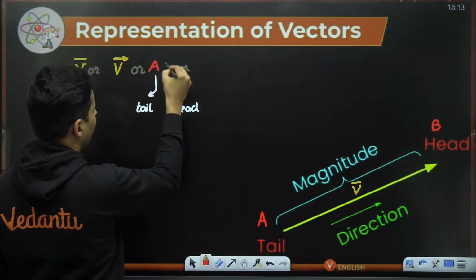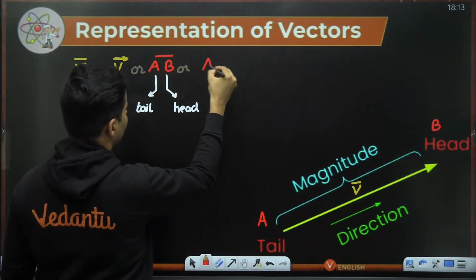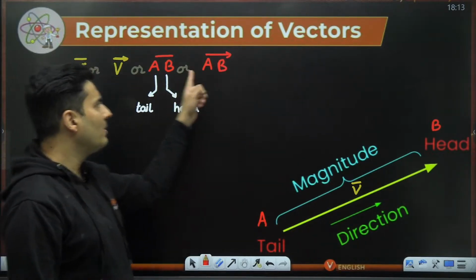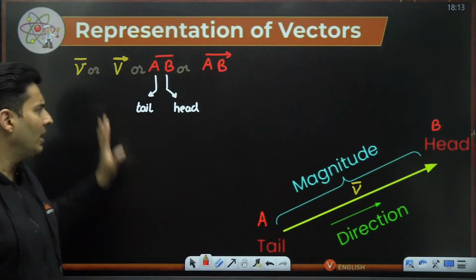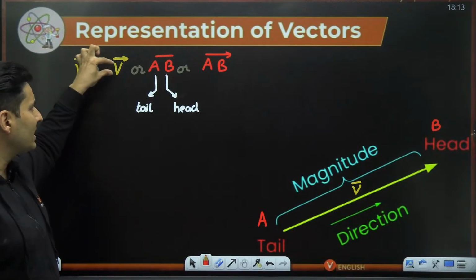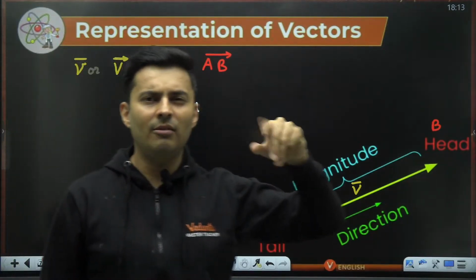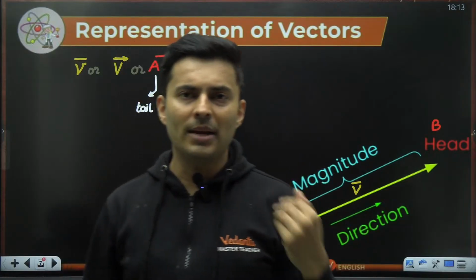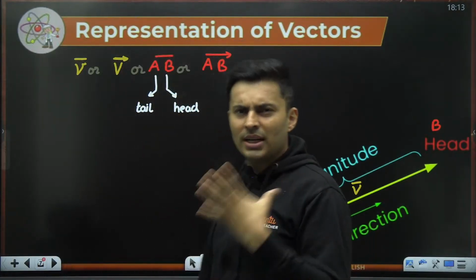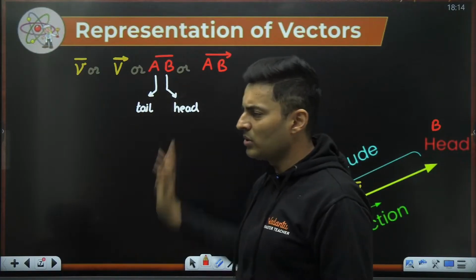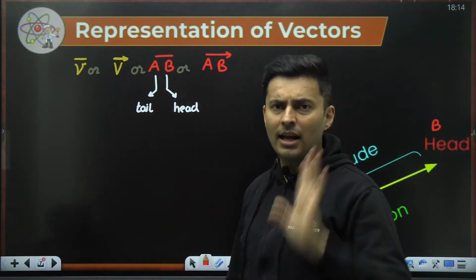Tail is A, head is B. So I can write AB bar, AB with an arrow mark, whichever way you prefer. When you use a single alphabet, there is no way to understand which is the head and which is the tail. So you can use it for shorthand, or when it is not needed to know which is the head or tail, then you can use a simple single alphabet.